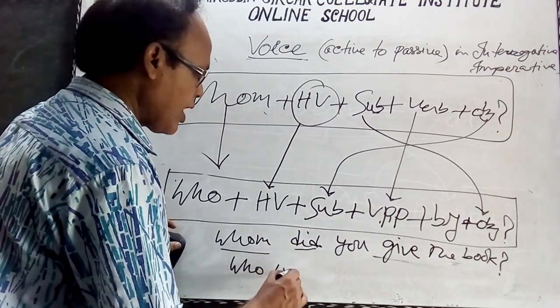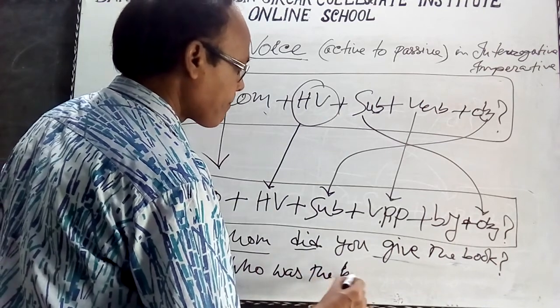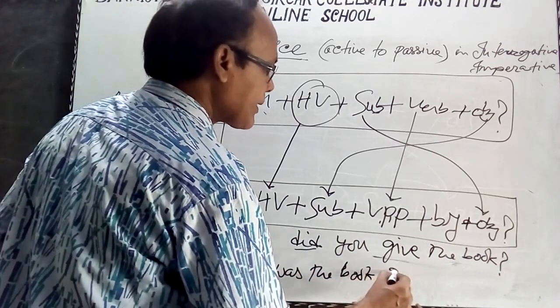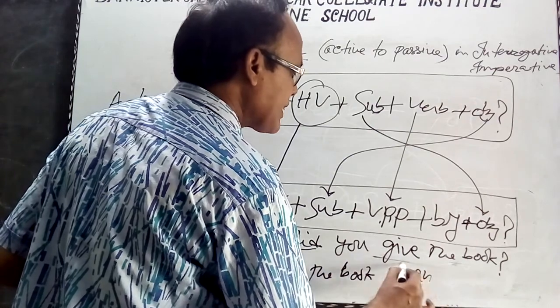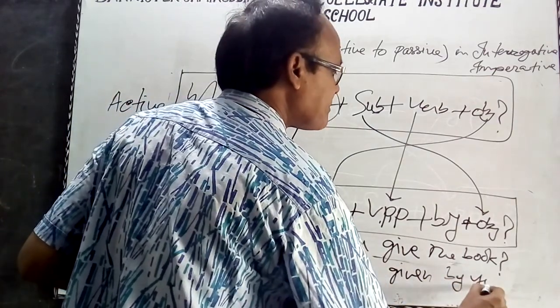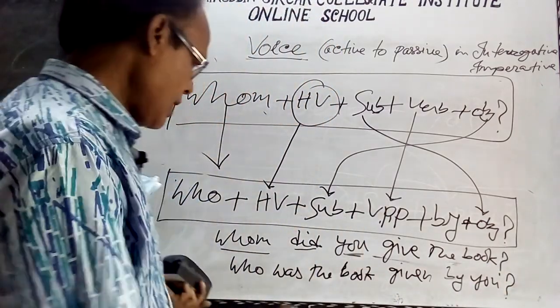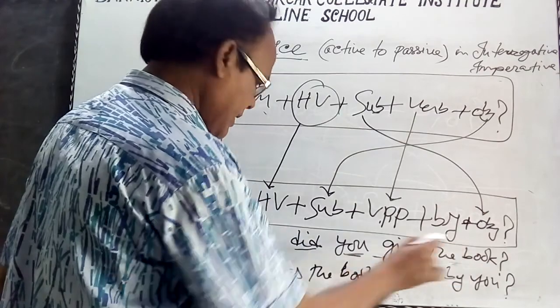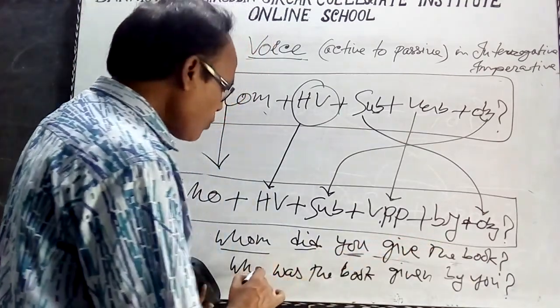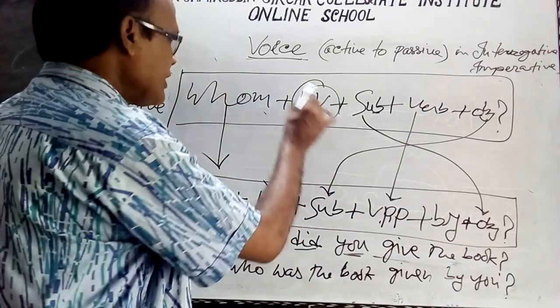Who was the book, give will be in the past participle, given by you, the subject, and the interrogation mark. Whom did you give the book? Who was the book given by you? So this is the structure.